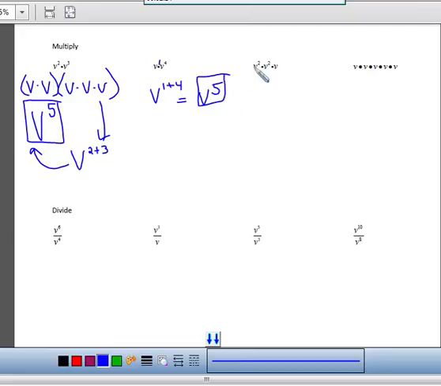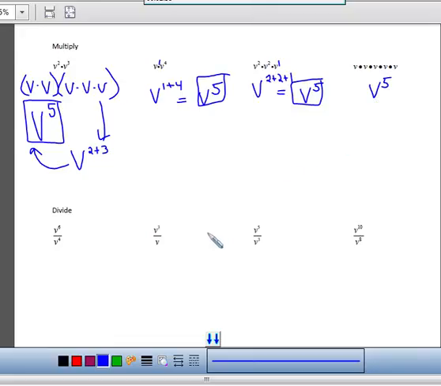Okay, the next one, v squared times v squared times v. I'll put a 1 here so we remember that that is v to the 1st power. So really, I've got 2 plus 2 plus 1, or v to the 5th power. And then obviously the last one, 5 v's is v to the 5th.